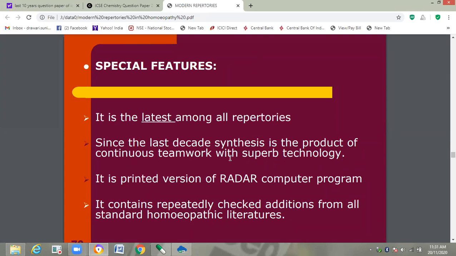And what is there in the ninth edition? In the ninth edition also, some changes are made in restructuring. There is restructuring in rubrics at many places except the mind and dream.